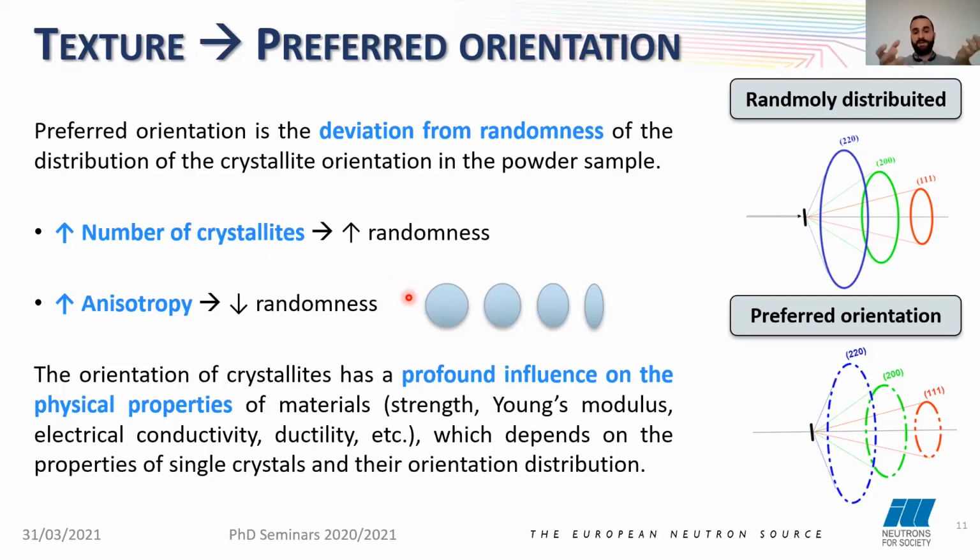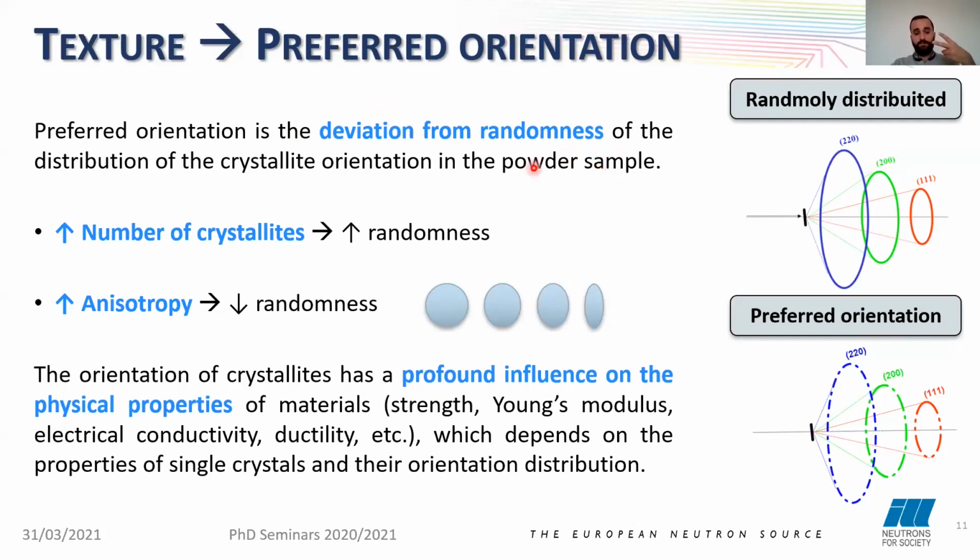But what happens if they are not randomly oriented? What if they have a preferred orientation? Can we still perform powder diffraction? Yes, we can. And actually, powder diffraction is a powerful technique to determine the texture of materials, which can be defined as the deviation from randomness of the distribution of the crystallite orientation in our powder sample.